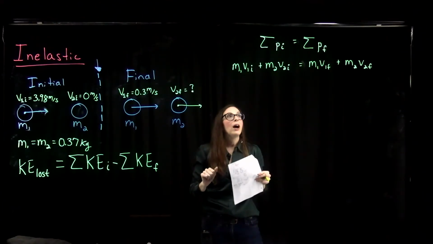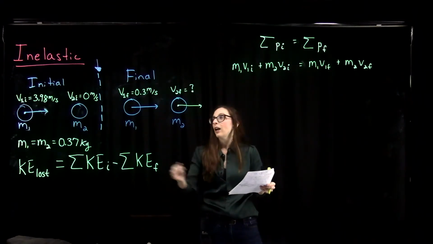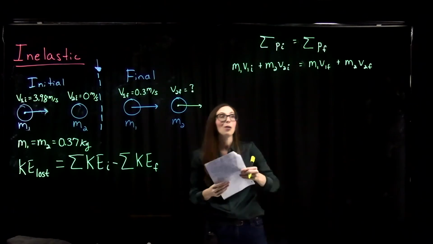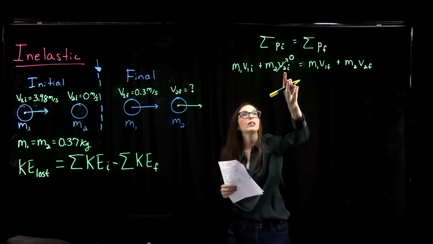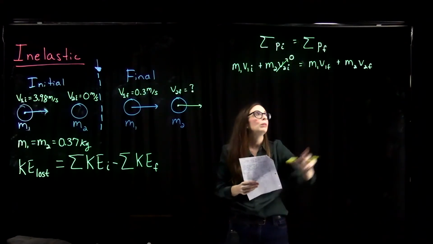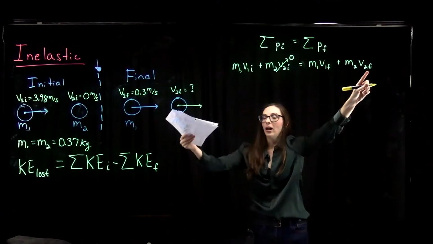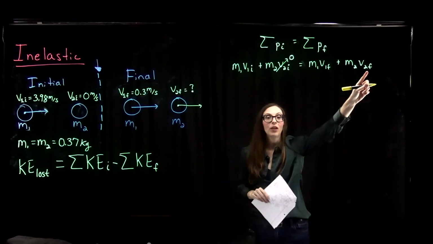Okay, now we can go ahead and make this a little bit easier for ourselves. Let's see, our initial velocity for the second ball was 0. It was at rest. So that velocity is 0, and then this entire term is 0. And remember, we're trying to solve for the velocity of my second mass after the collision, V sub 2 final.